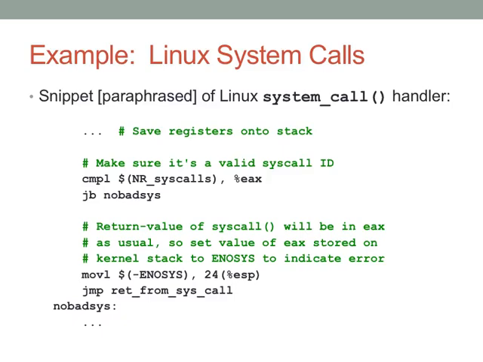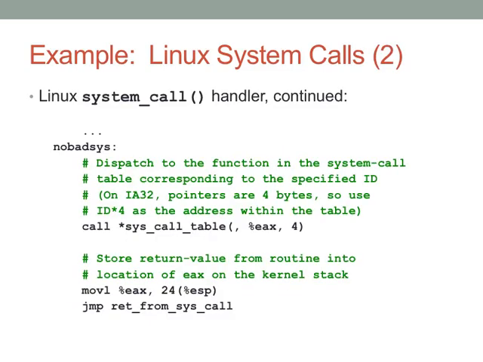That's nice. Now the next thing that we do is we have this table which has an entry, a function pointer, to each system call service routine. Okay? And so we just take the value in EAX, multiply it by 4, because pointers in 32-bit are 4 bytes, and we look up that entry, and we just invoke it.